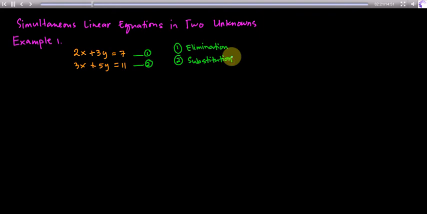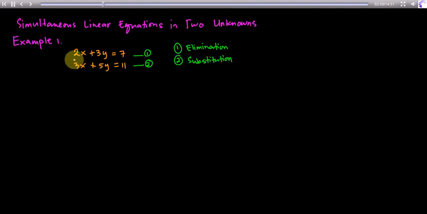Alright. So I'll show you first how to use elimination to solve this example. To eliminate, we think of one term in the first equation and another term in the second equation, wherein when we add or subtract, they will become 0.